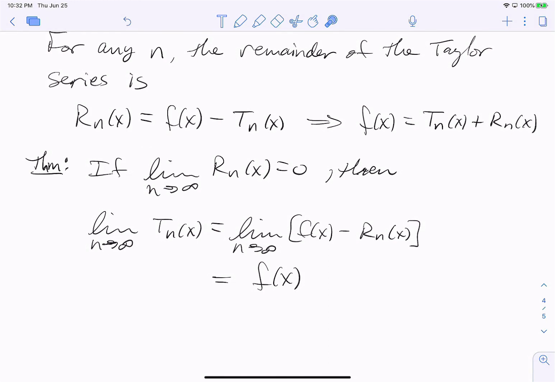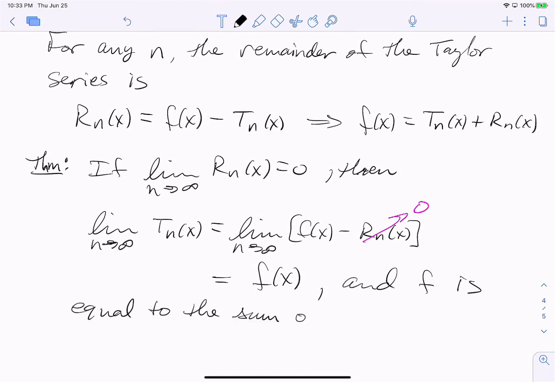And our supposition is that the limit of the remainder is 0, so that part of it goes to 0. So here's the point. If the remainder goes to 0, then the limit as n approaches infinity of the nth degree polynomials is equal to f of x. We can conclude that f is equal to the sum of its Taylor series. So all that if is really based on if we can show that the remainder goes to 0.